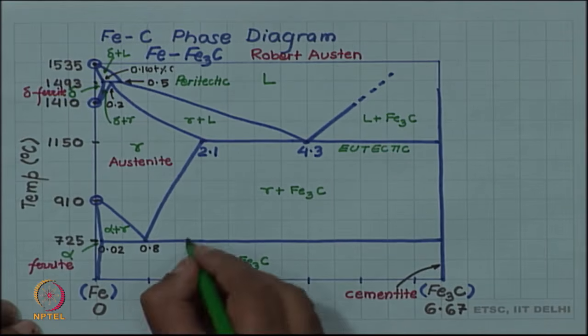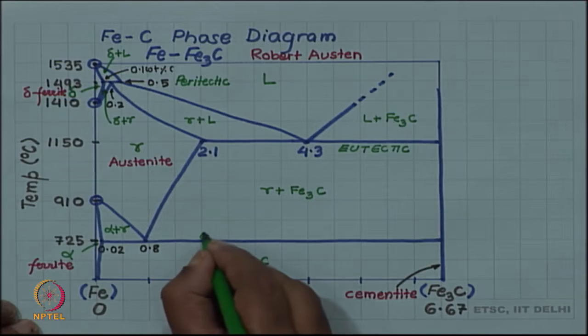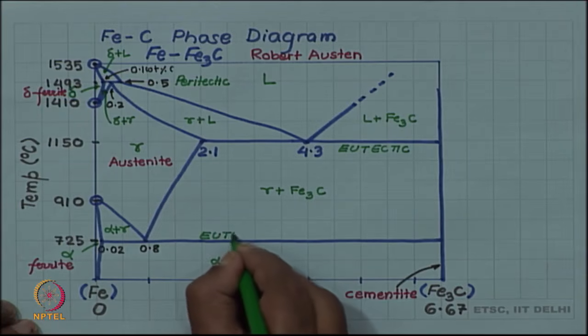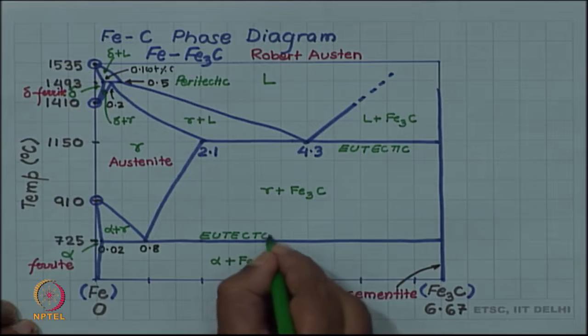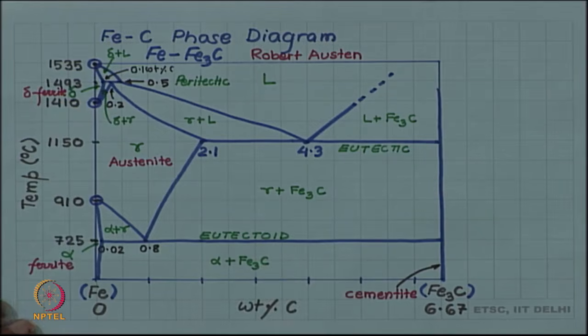And the one happening at 725 is the eutectoid. So, this completes the diagram. We know all the compositions and temperatures, we know different phase regions, we know what phases are present in them, and we know the names of the three important invariant reactions happening in this.